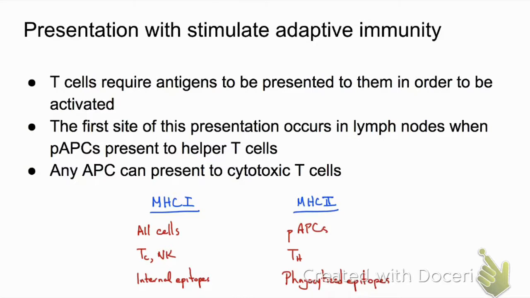And typically, we oftentimes think that MHC1 is presenting epitopes from inside of a cell. MHC2, on the other hand, is found only expressed from professional antigen presenting cells. It presents to T helper cells, and again, this will be presenting epitopes from organisms that have been phagocytized.